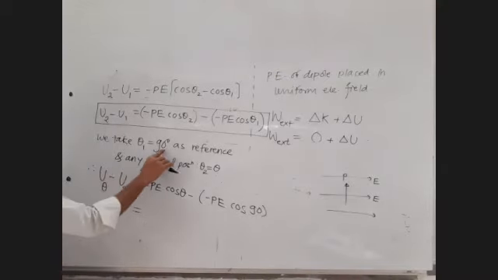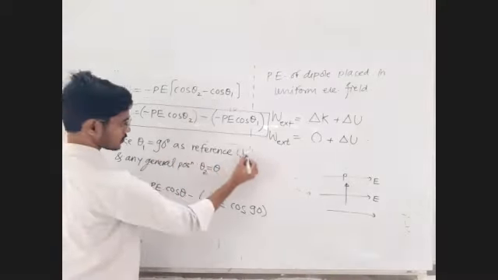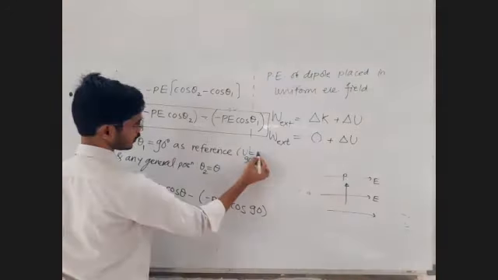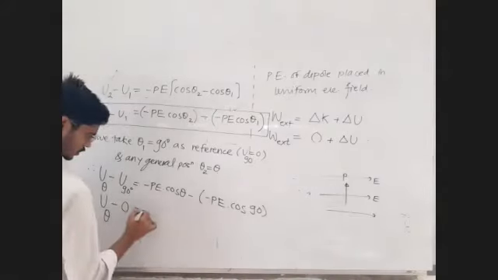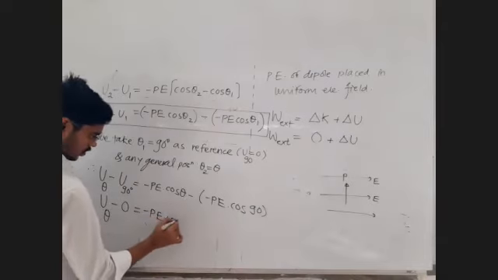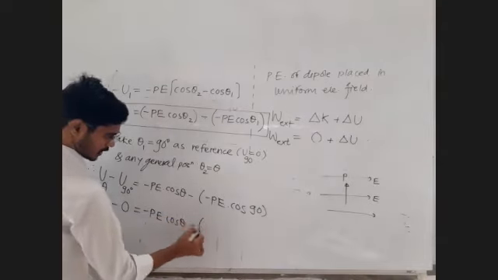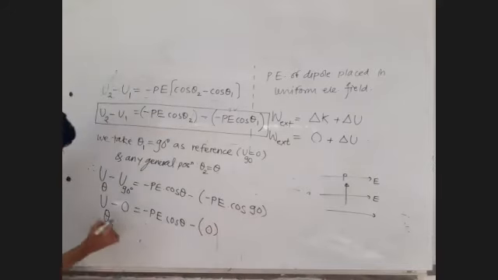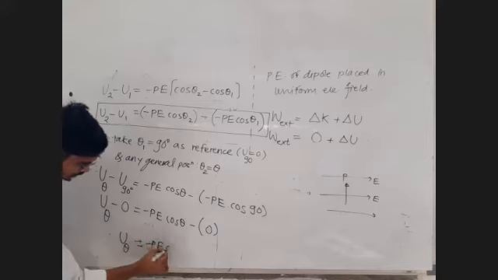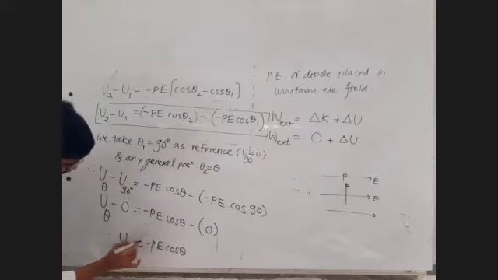Potential energy for the reference position means 0, so this value you will put 0. This is the potential energy at the given angle. Cos 90 is 0, 0 into anything is 0, and 0 minus anything is that thing. Potential energy at an angle theta is simply minus PE cos theta.